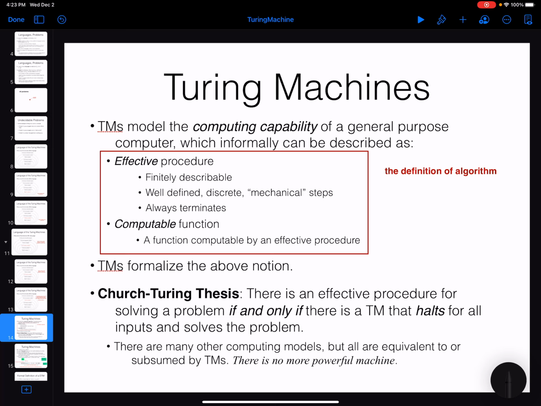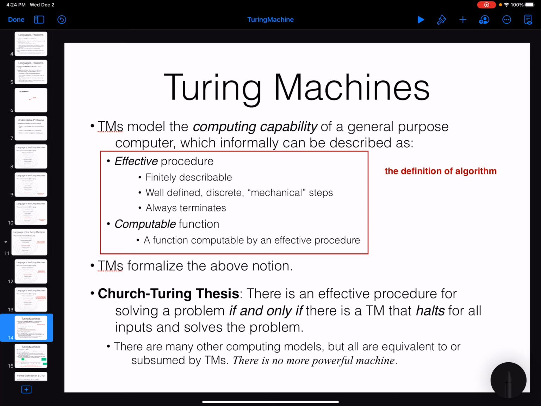It should always terminate, otherwise it's not going to be effective. And the other term that we have is the computable function. Basically, we say that a function is computable if you can write an effective procedure for it. So this is the definition of the decidable problems.